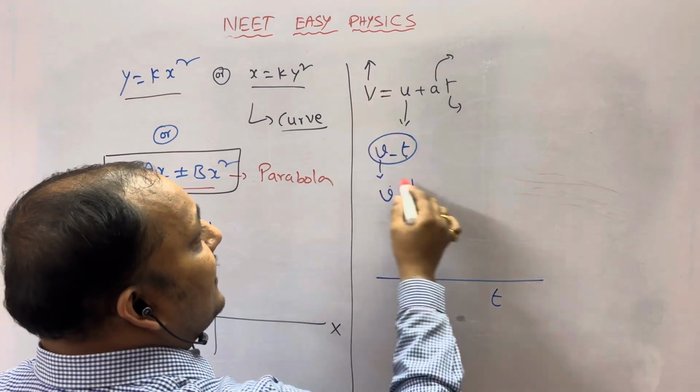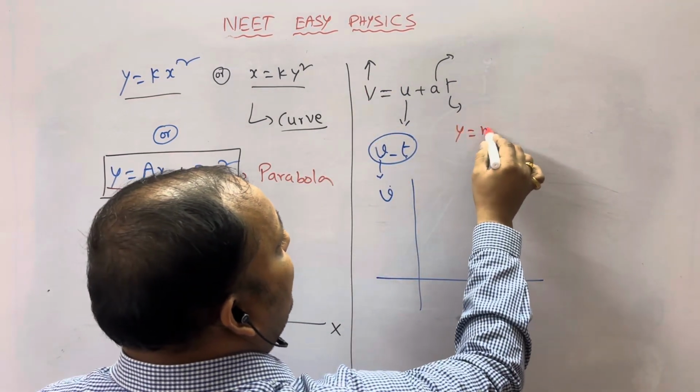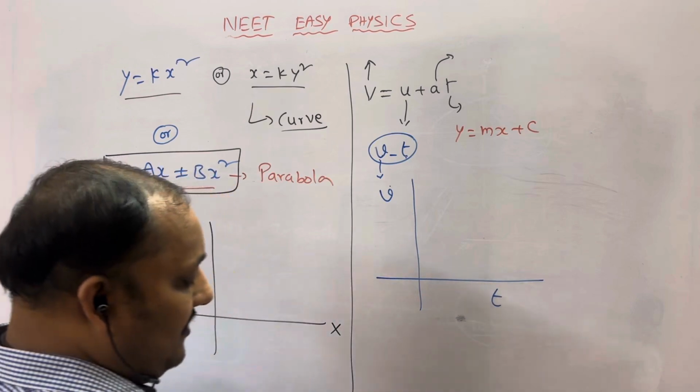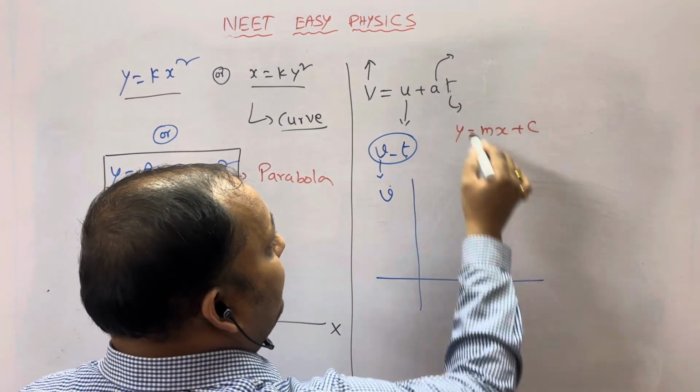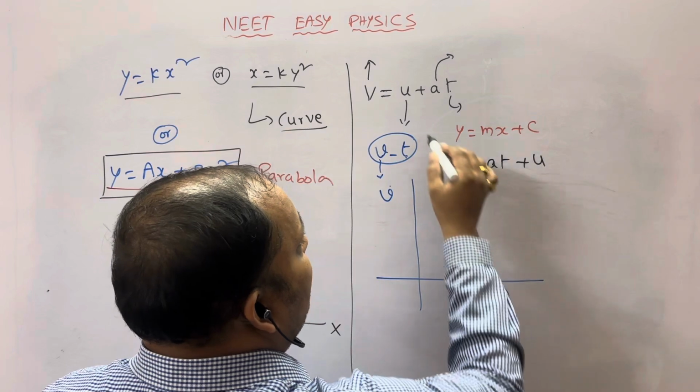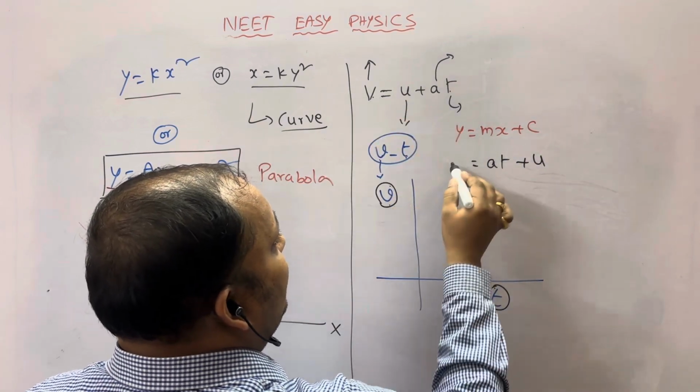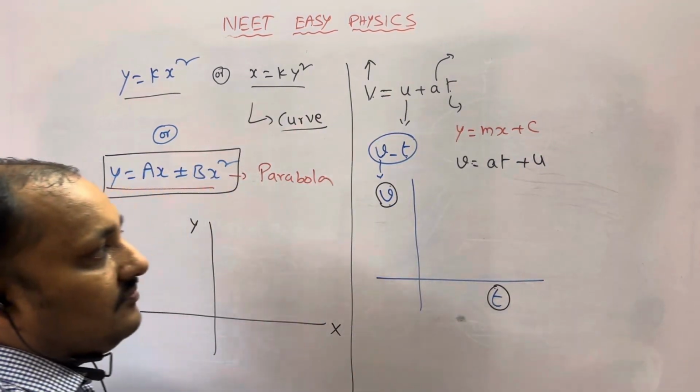You can compare this equation with the y is equal to mx plus c shape. In place of x, t is there, so at plus u. In place of y, v is there.